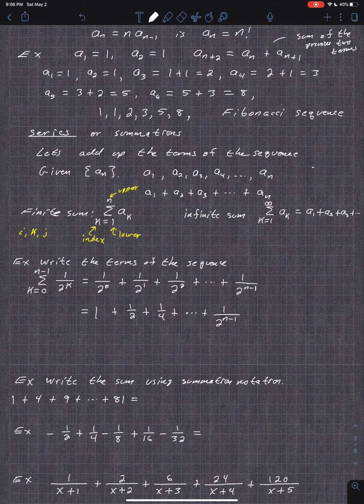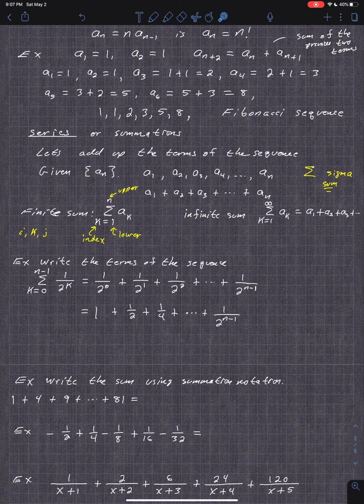Okay, I'll just write it over here. We use the Greek letter sigma. So it's uppercase sigma, and it means basically sum in math for our purposes. All right, so for a finite sum, you start at the lower limit, it's called the lower limit, and you go to the upper limit.